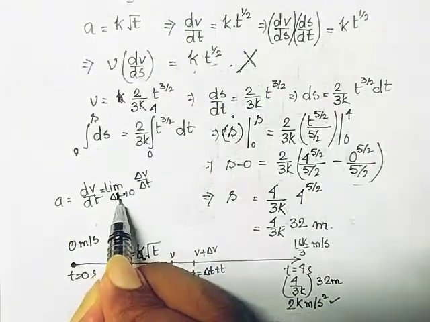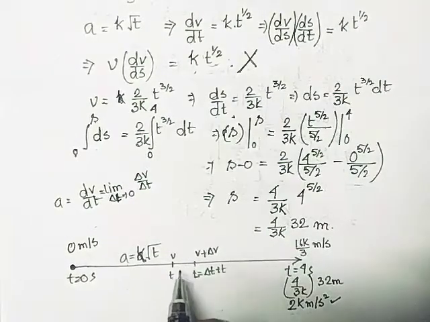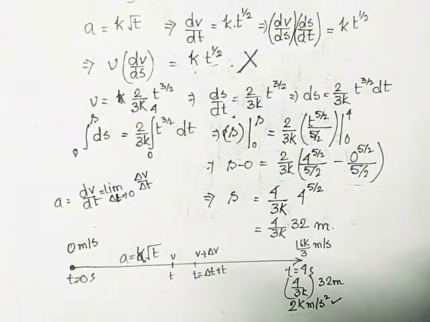But what does del t tends to 0 mean? It means we make this interval very small, as small as you can think. If you say the interval is 0.5 second, I will say no, it is 0.1 second. That is the significance of del t tends to 0.